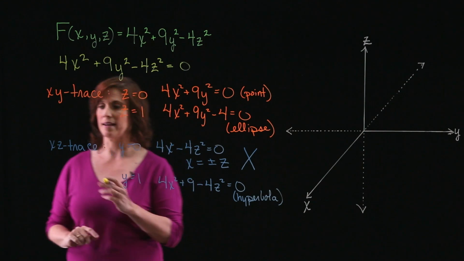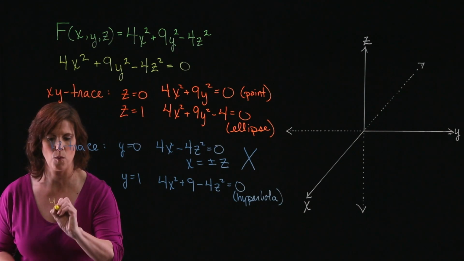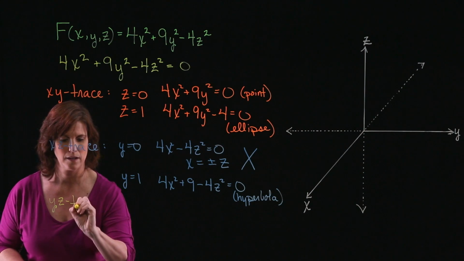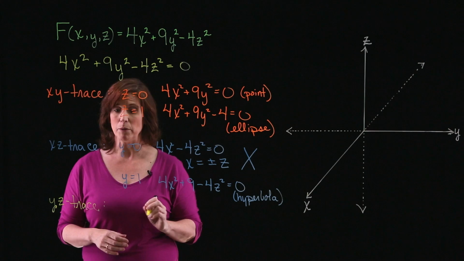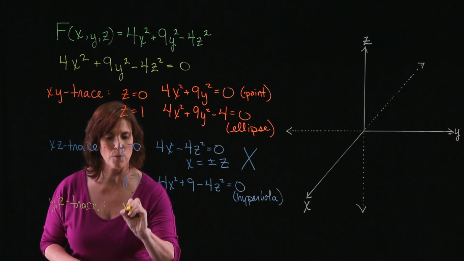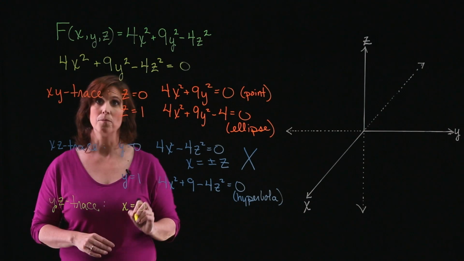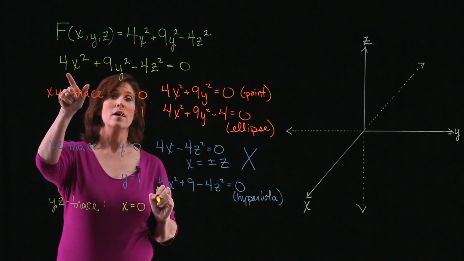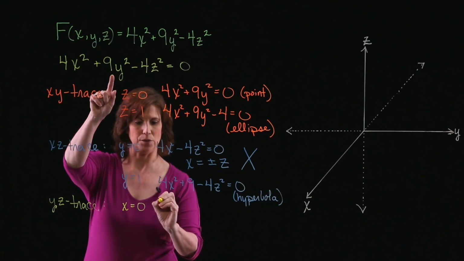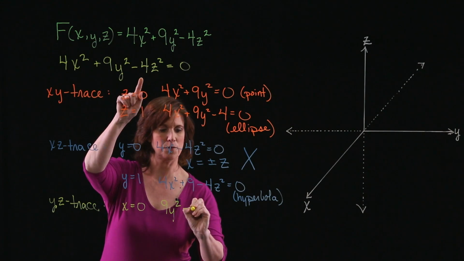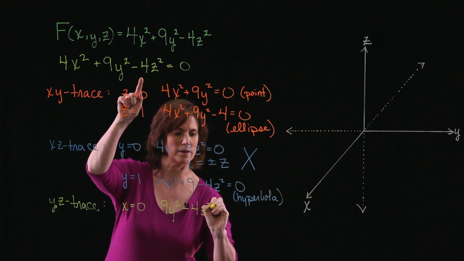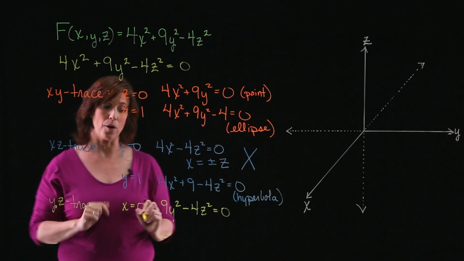Let's take a look at the yz plane. So we'll look at a yz trace. And again, I'm going to look at a couple of different traces. Let's start out with the one where x equals 0. If x equals 0, my equation reduces down to 9y squared minus 4z squared equals 0.